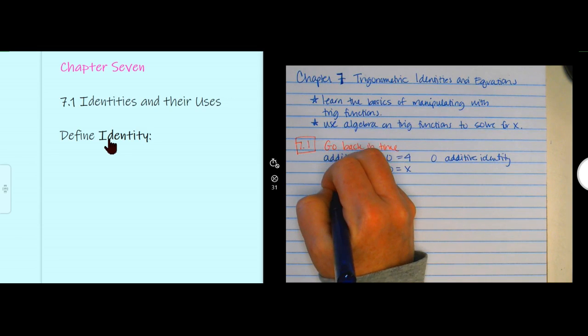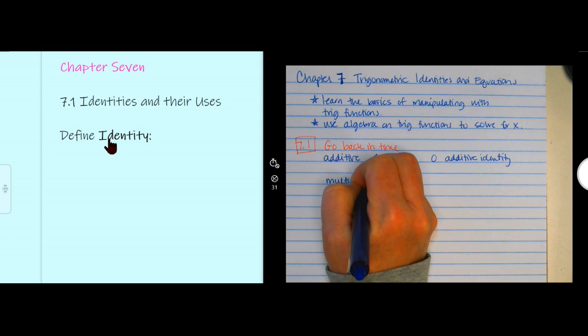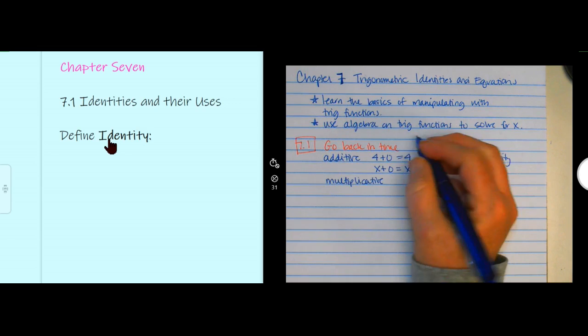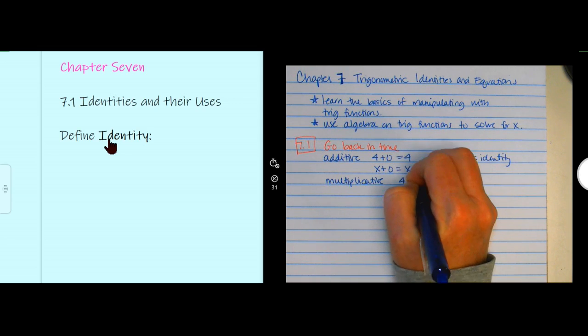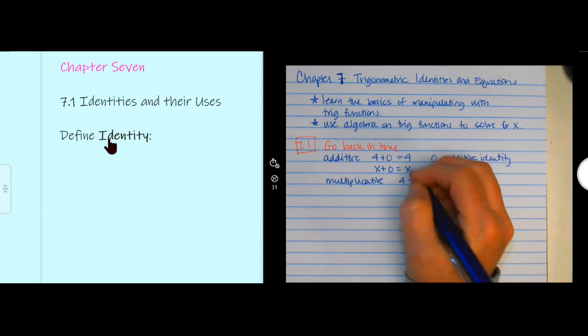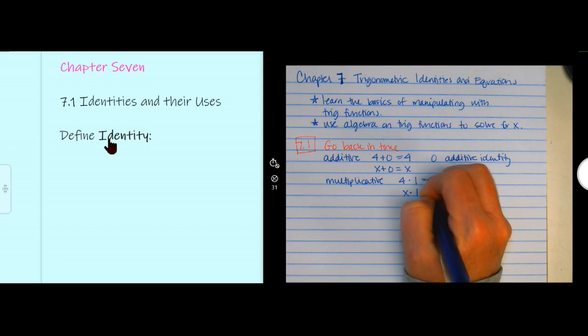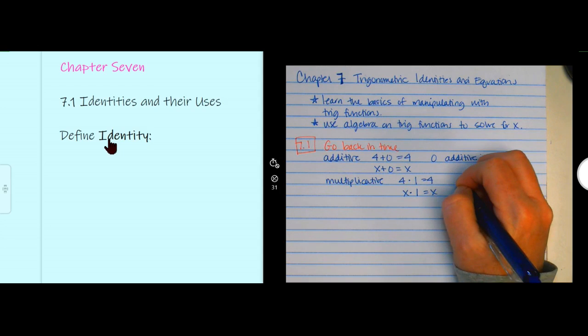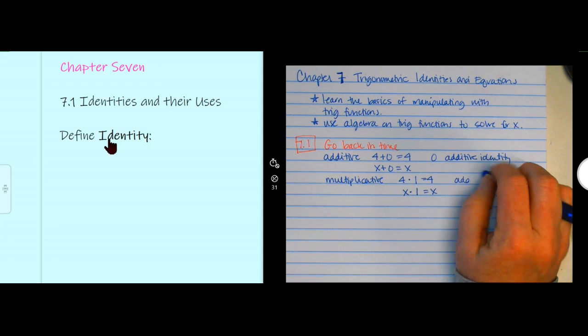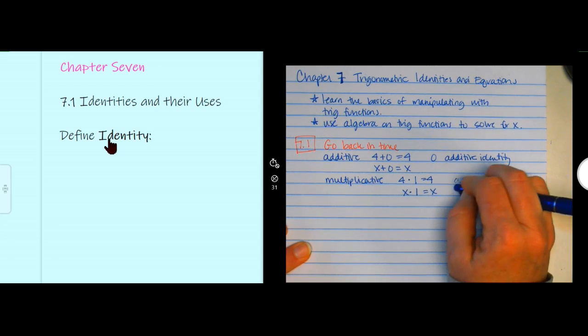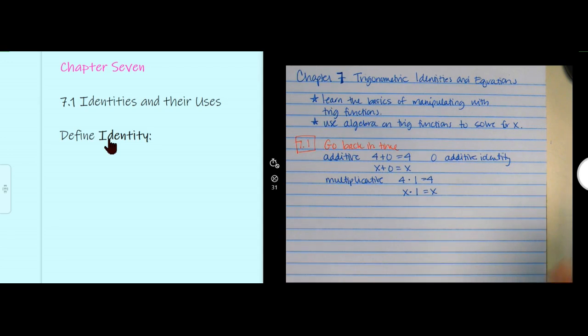The multiplicative, you would say 4 times 1 equals 4, or x times 1 equals x. And so what identity means is it makes an equivalent statement. So they are equivalencies.